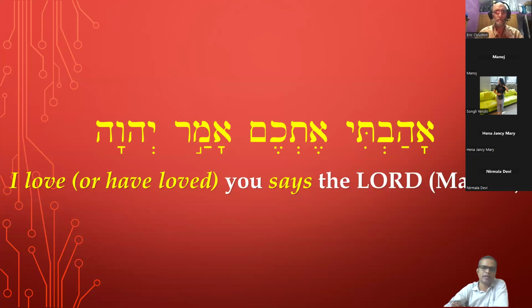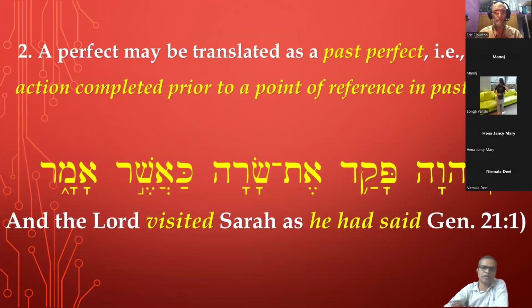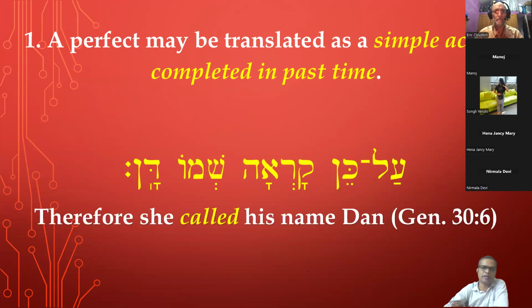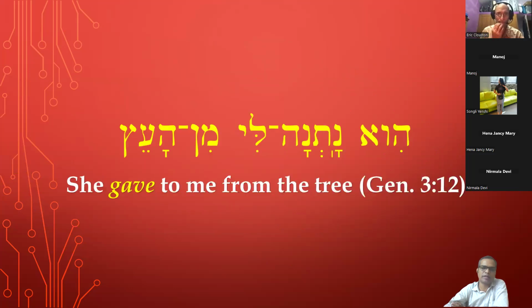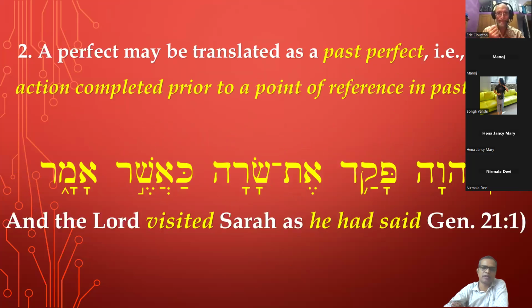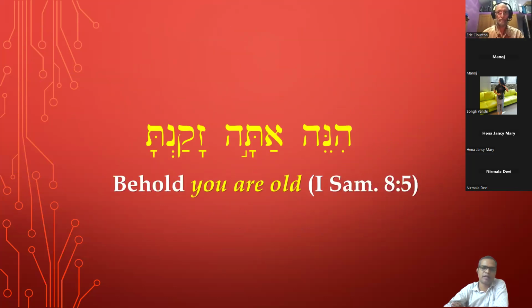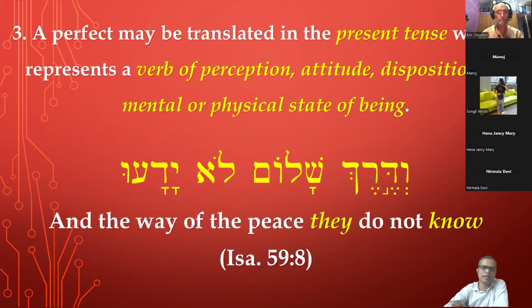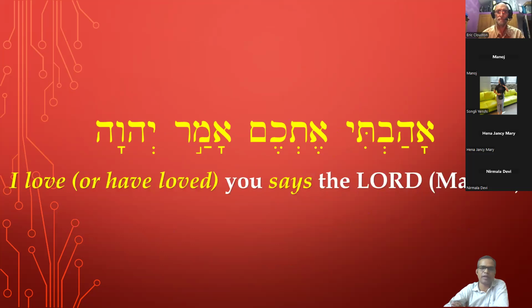The first category is that it will be translated as a simple action completed in the past. The second category, past perfect: action completed prior to the point of reference in the past. Third category, it can be translated into present tense when the verb is referring to a perception, attitude, disposition, or physical or mental state of being.